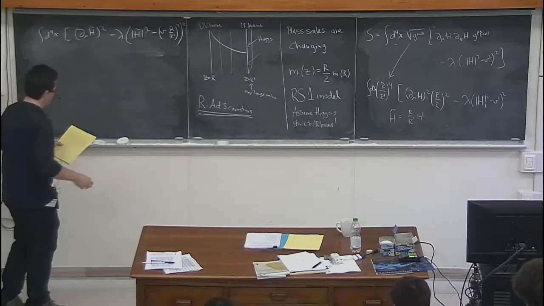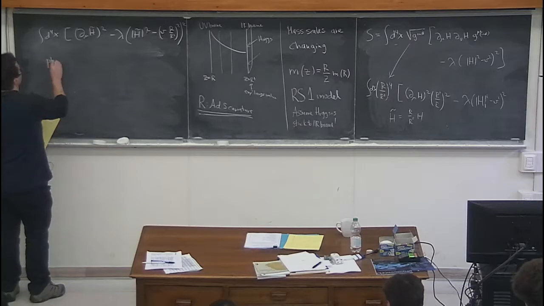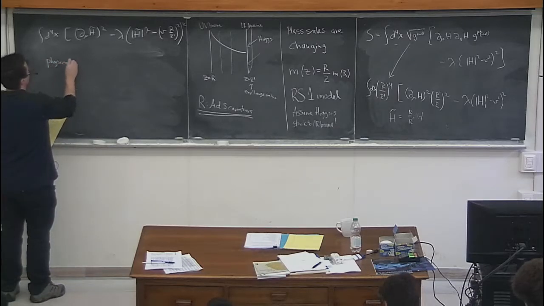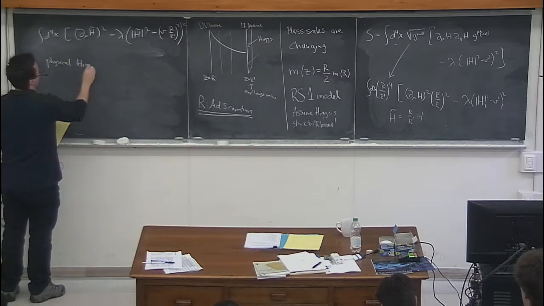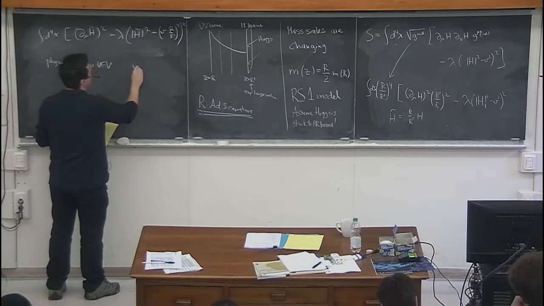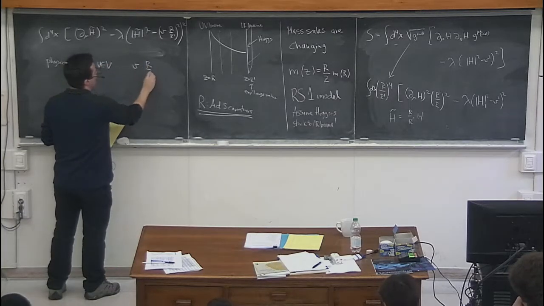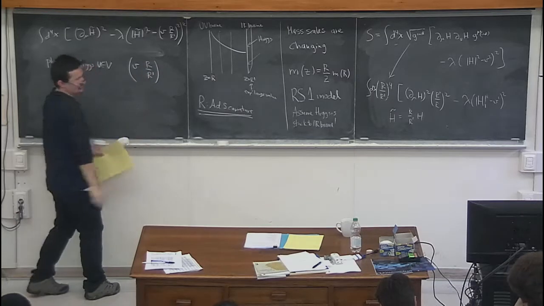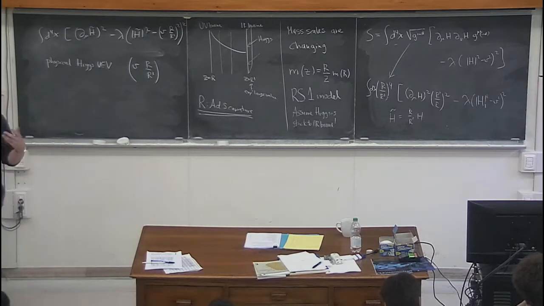So the physical Higgs vev is going to be not v, but v times r over r prime. That's the only effect that it has.